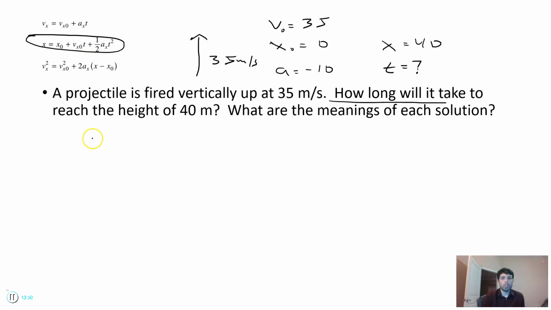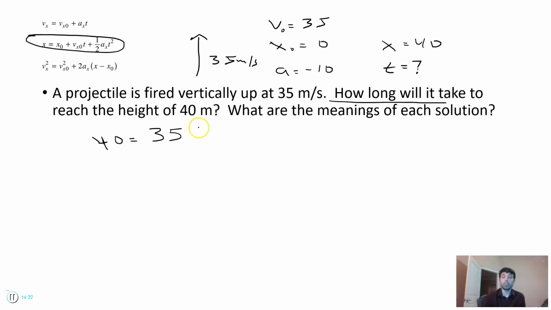So x is 40. 40 equals x naught is 0. That's my initial height is 0. So 0. V naught is also 0. Oh no, sorry, no, just kidding. It's 35. Oh, I just realized we could use a bottom equation. No, we can't.